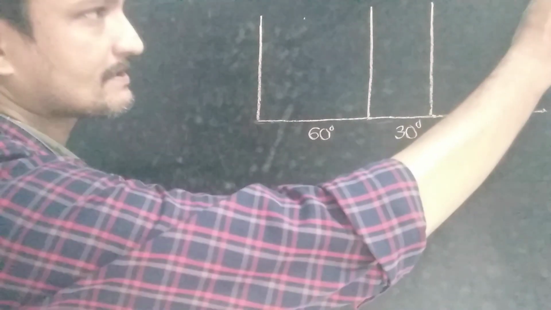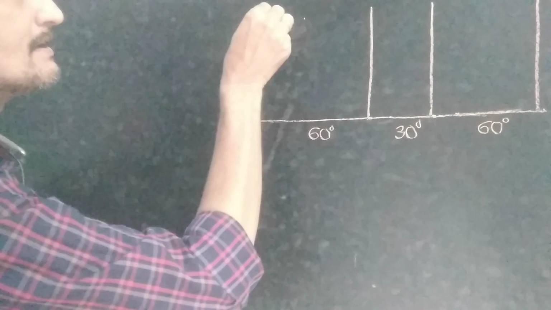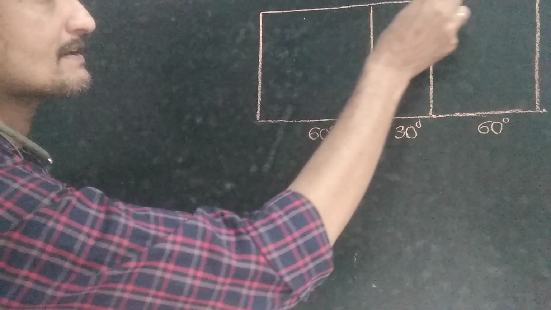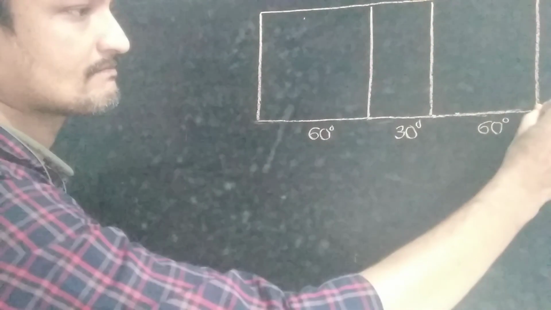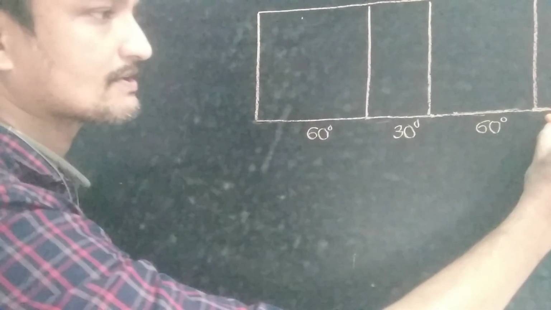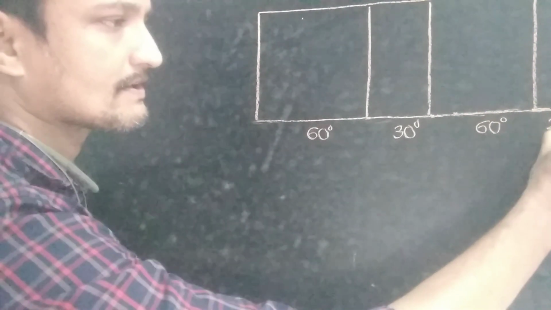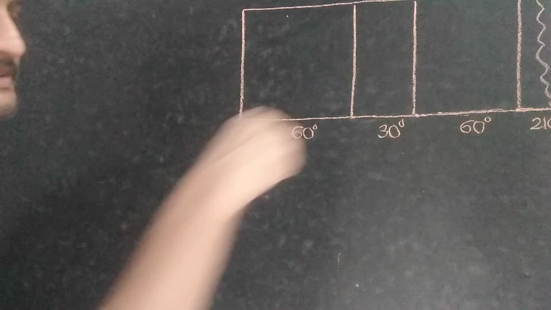Okay, next, the 210 degrees dwell. We can't represent the entire distance, so we can represent that part like this.